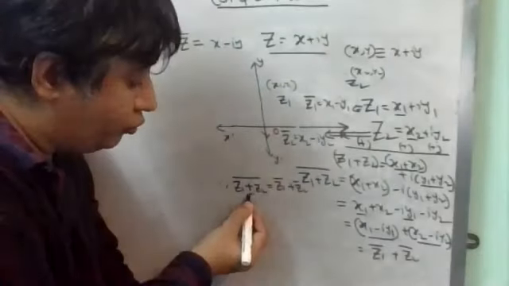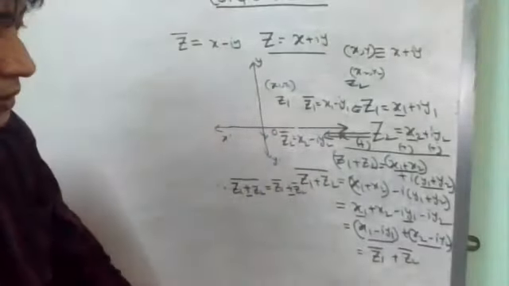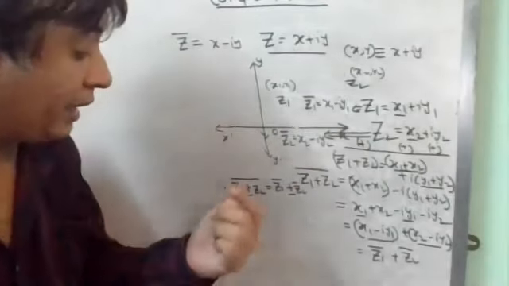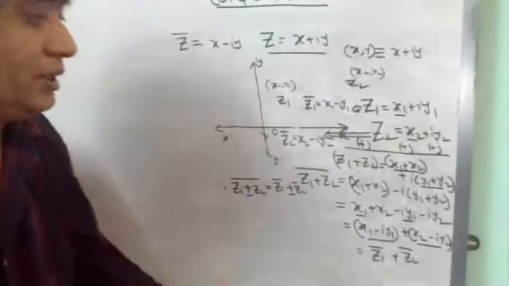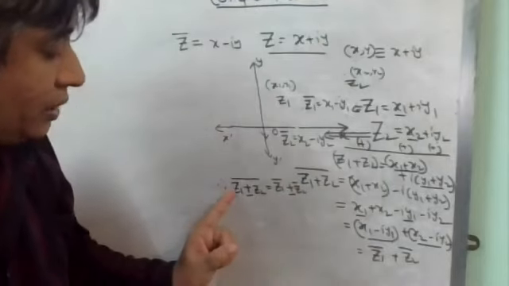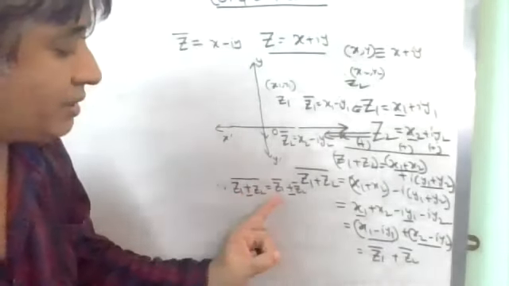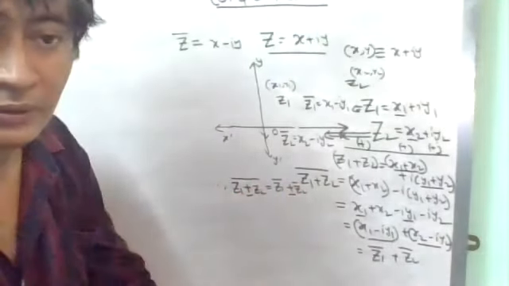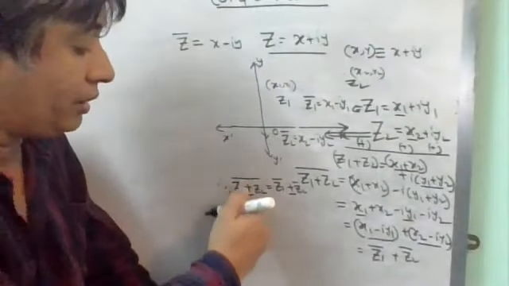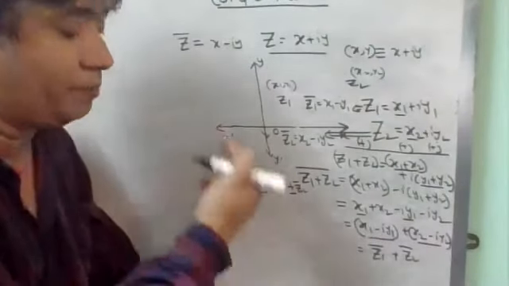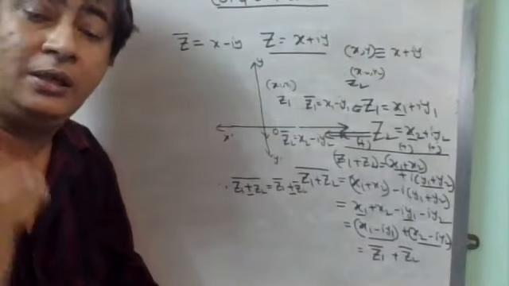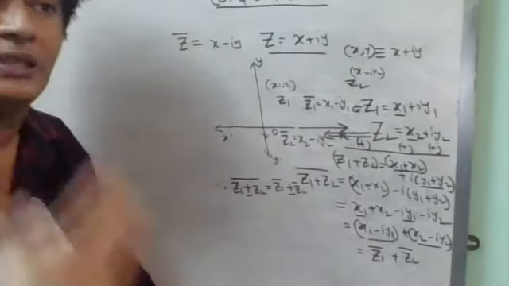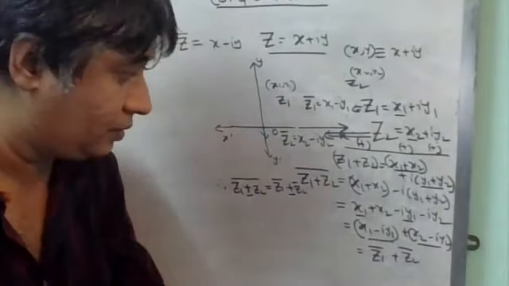And it is also true for minus. In case of division and multiplication, we will discuss it later. So z1 plus or minus z2 whole bar is z1 bar plus or minus z2 bar. If you keep on increasing the points, say z1 plus z2 plus z3 whole bar, it is z1 bar plus z2 bar plus z3 bar and so on.